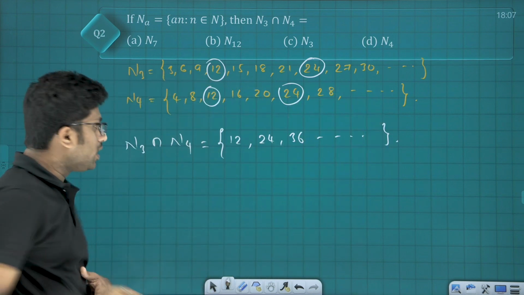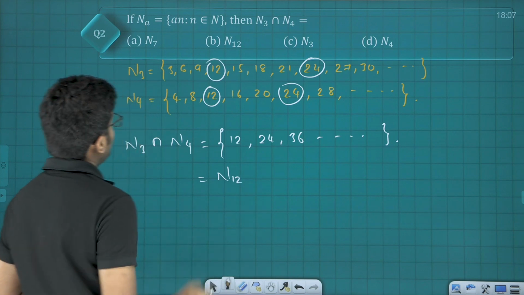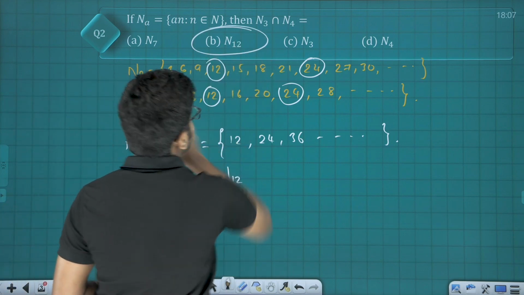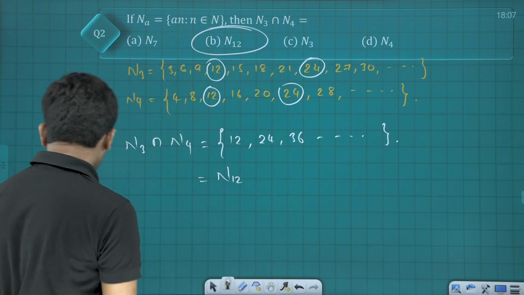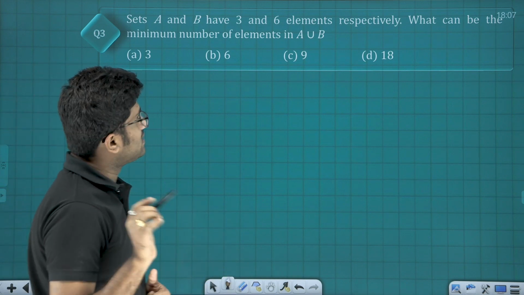These are nothing but multiples of 12, which we can just write as N12, which is option B. Clear? Next question. Sets A and B have 3 and 6 elements respectively.